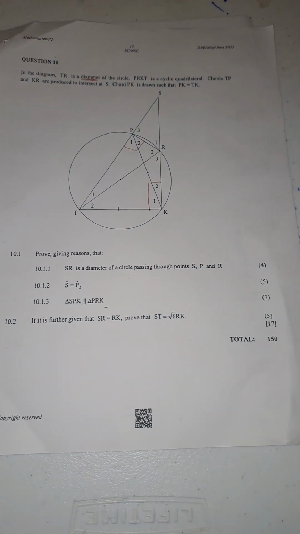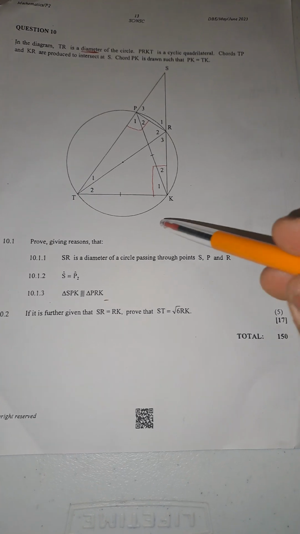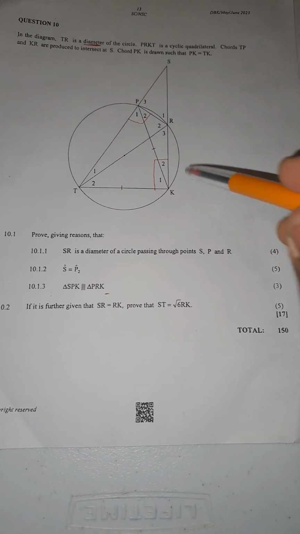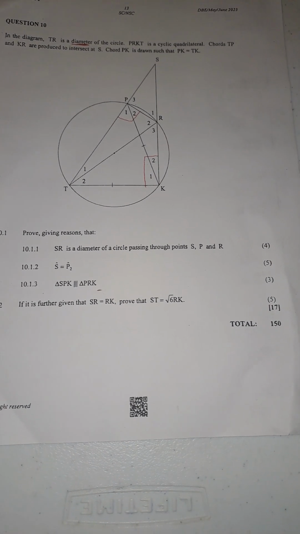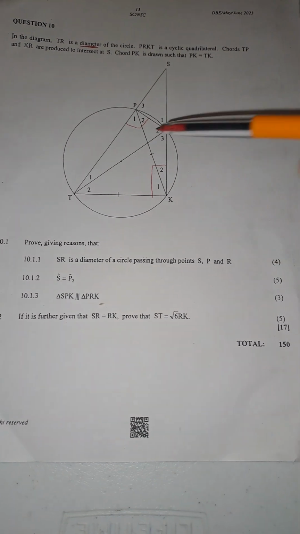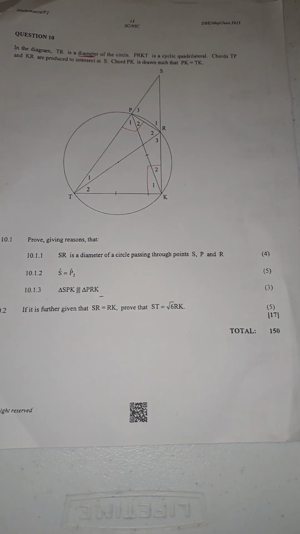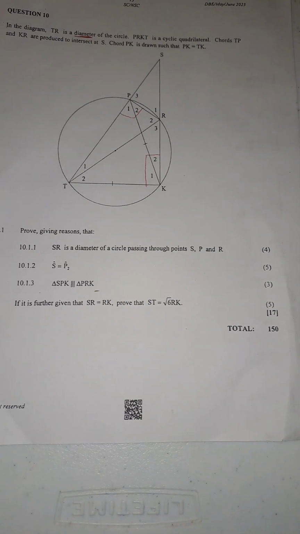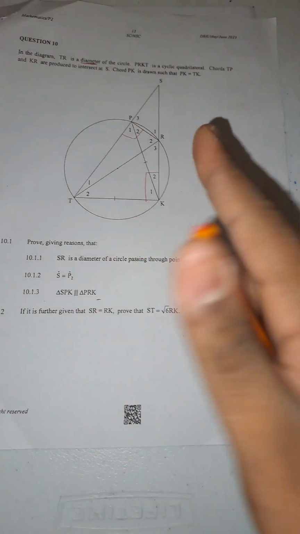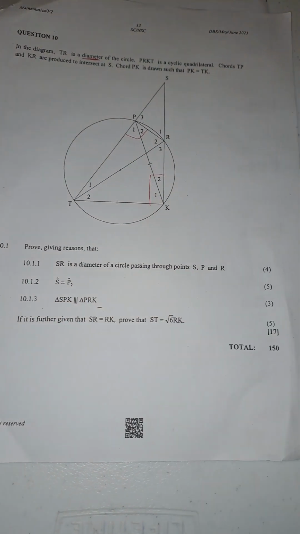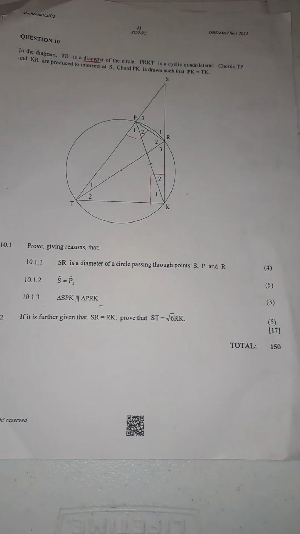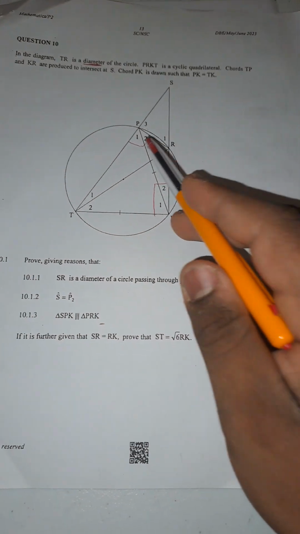K1 plus K2 is 90 because of the diameter, angles in a semicircle. P1 plus P2 is equal to 90 because of angles in a semicircle. Okay, so now we are done with the diameter. That is the only thing about the diameter, that the angle it subtends is 90 degrees.